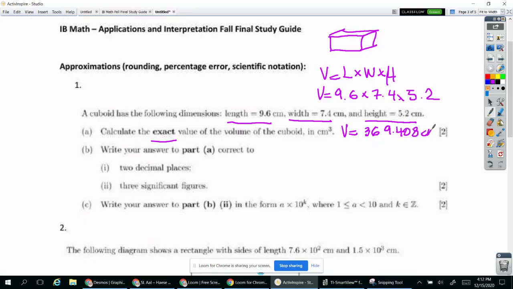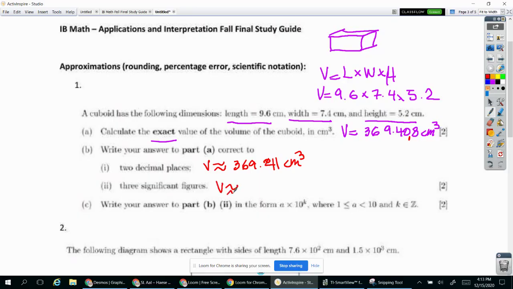369.408 centimeters cubed. Now, to round this to 2 decimal places, we look at the third decimal, which is 8, so we need to round up the previous decimal. So our answer for part 1 will be 369.41 centimeters cubed.